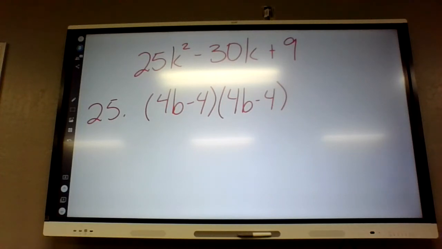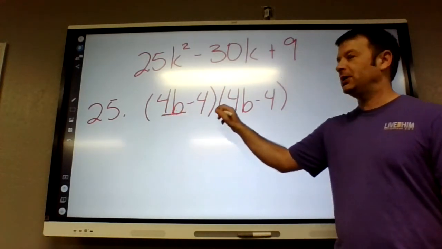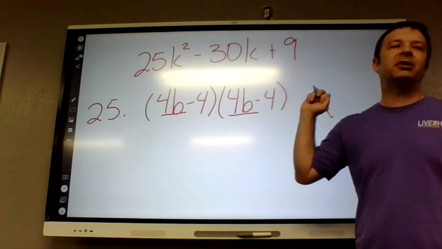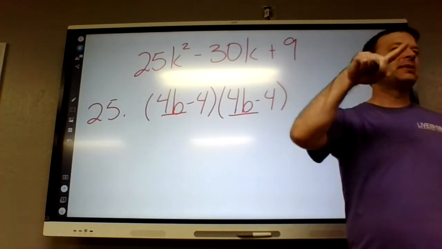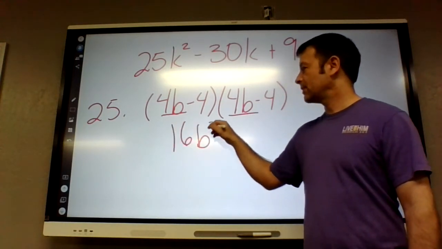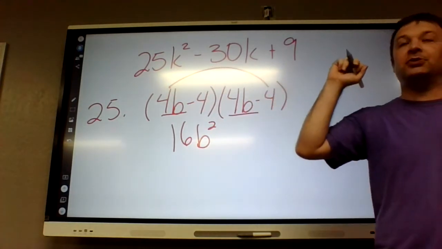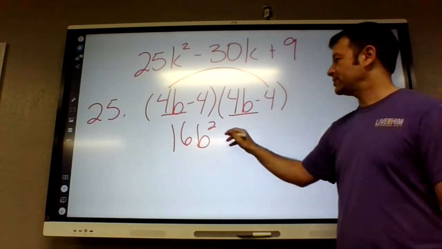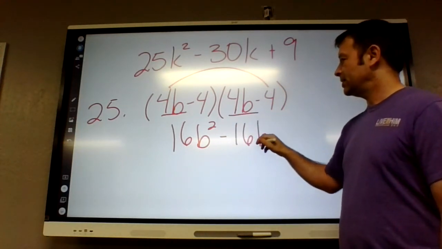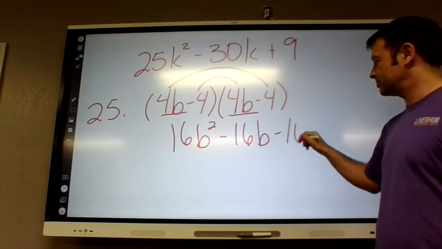Some of you probably been cheating and working ahead, but 4b minus 4 times 4b minus 4. What's 4b times 4b? I'm kidding, I don't really care. 16b squared. Okay, outside, what is 4b times minus 4? Negative 16b. Inside is the exact same thing, 4b times negative 4, so negative 16b.